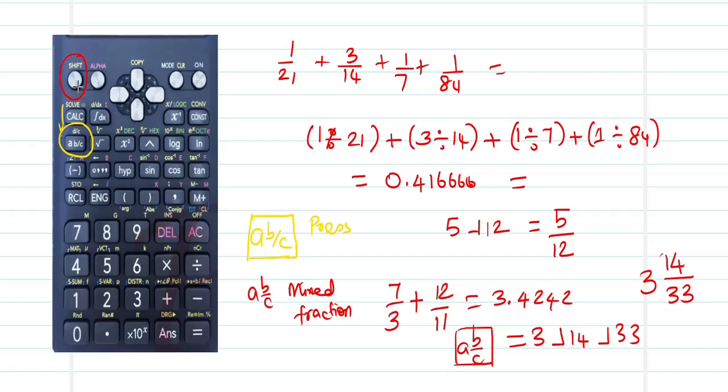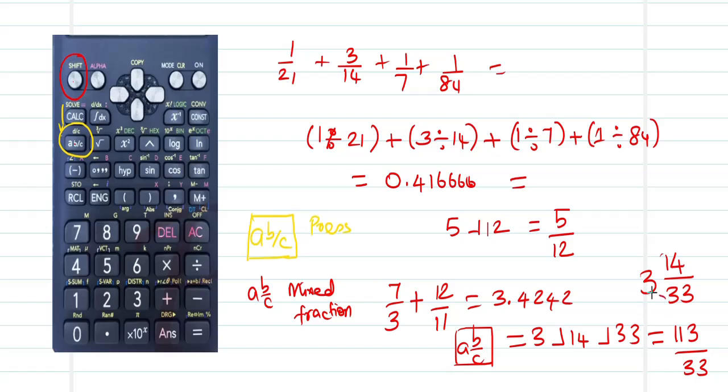So once you press the shift button and this a b by c button, this mixed fraction gets converted to a d by c format. Then you can see the answer appear as 113 divided by 33.